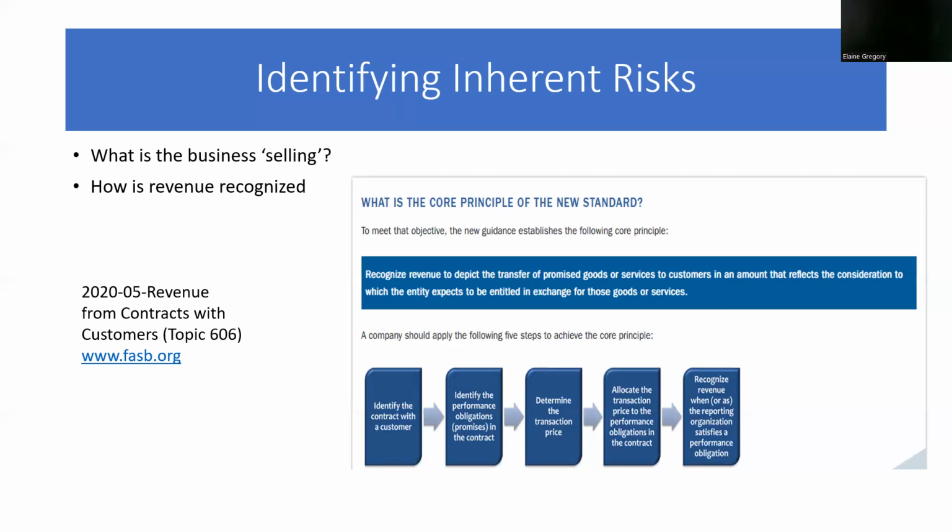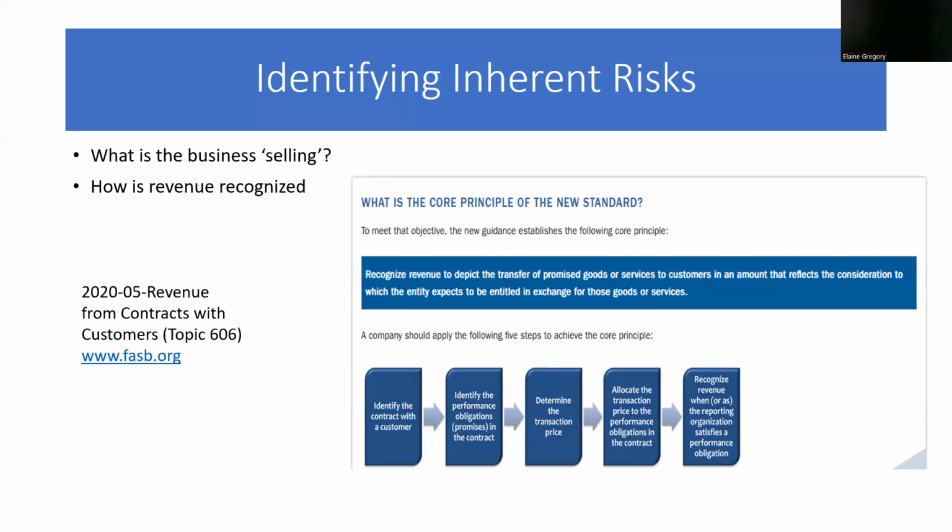Then within that contract, you have to identify what are the obligations that we have in that contract. What are we going to do to get money? And part of that is the determination of the contract price. Have we settled on a contract price? And is that contract price clearly identified in the contract? We don't want any type of side agreements going on or things omitted from the contract.